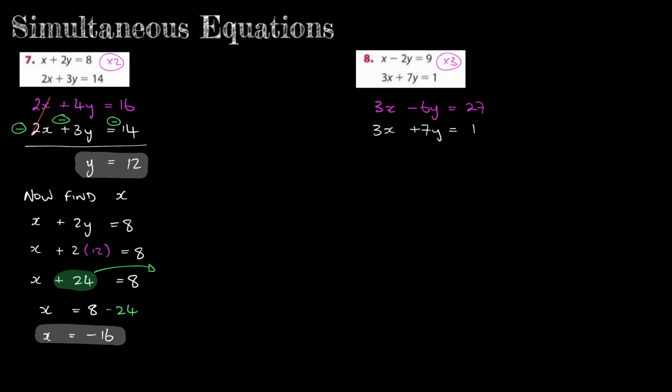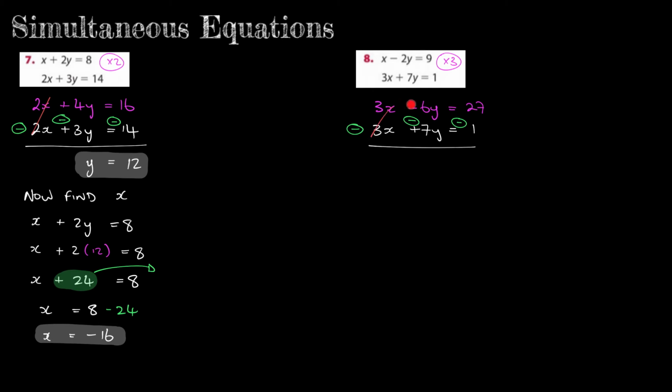Okay, I need to look and think, how am I going to get rid of the x's in this case? I need to either add or subtract these equations, and in this case, I'm going to subtract the equations. So I'll be left with the x's cancelling.